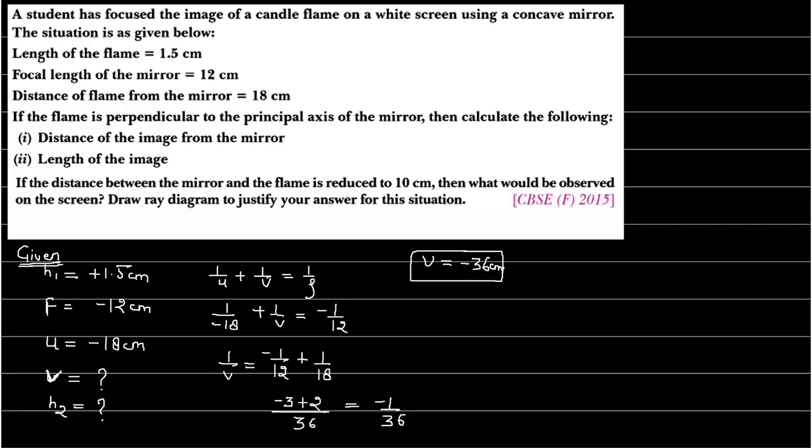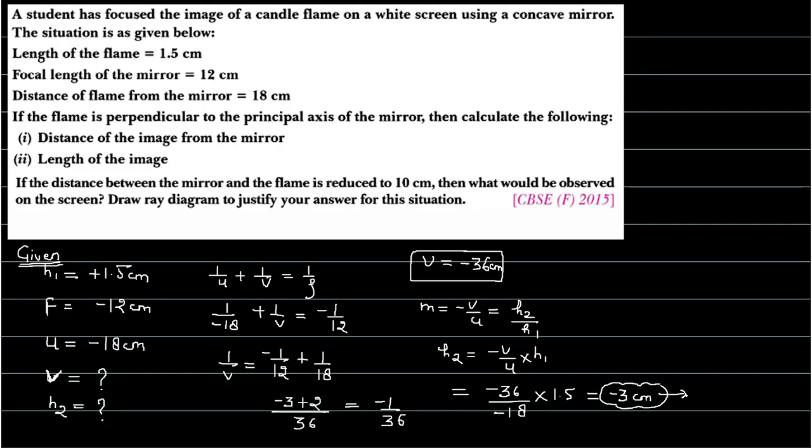Now we have to find h2, that is height of image. We know that m equals minus v upon u equals h2 upon h1. So h2 would be minus v upon u into h1. Minus of minus 36 upon minus 18 into 1.5 comes out to be minus 3 centimeter.